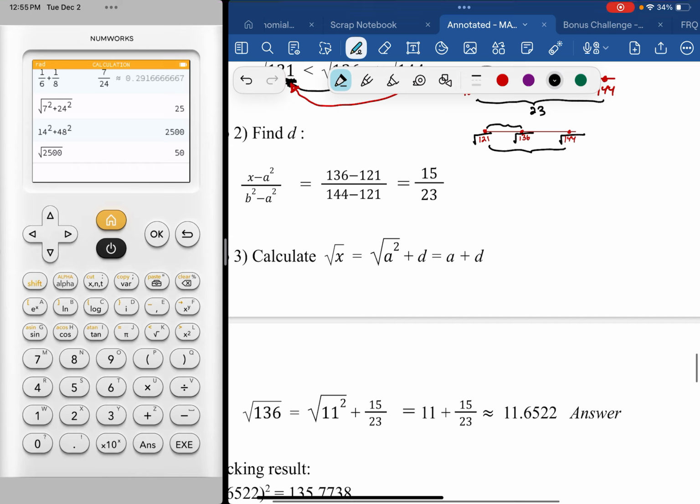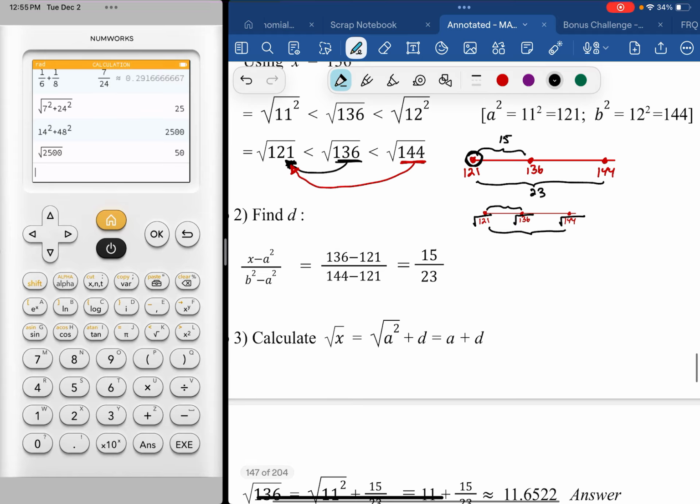So when I get my rule here, which is radical x is equal to radical a squared plus d, right? That d being the ratio value. All I'm doing is taking whatever my a value is and adding to it whatever that ratio is, right? And that would give me the approximation of the radical value, right?